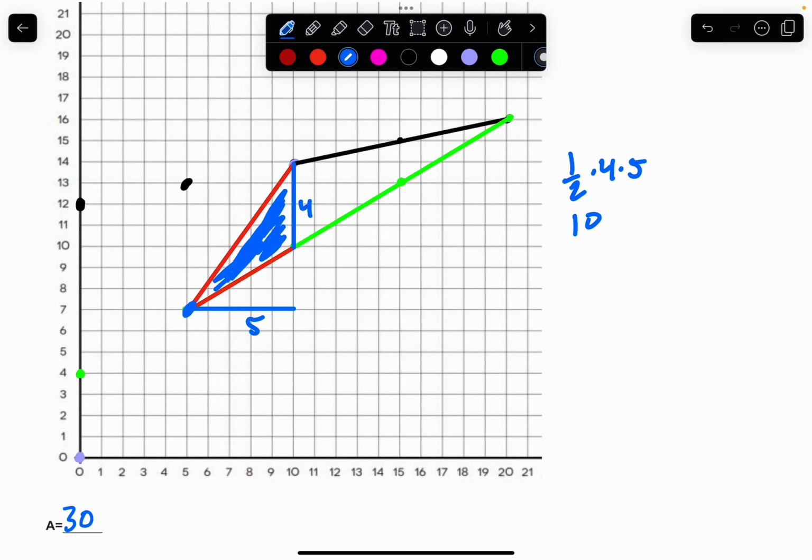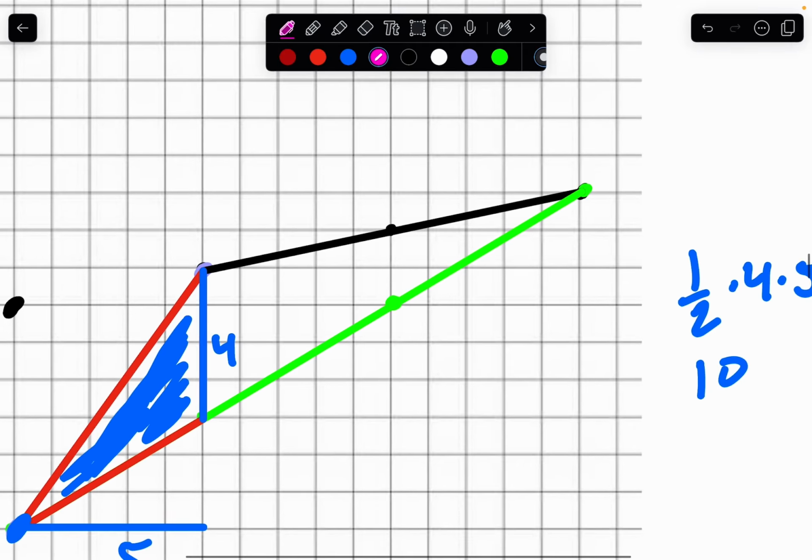Then we're going to do the other side. I'm going to call it the pink side. So for the pink side, we're going to use the same 4, but now we're going to this vertex. And our height is way out here. And that is 1, 2, 3, 4, 5, 6, 7, 8, 9, 10.